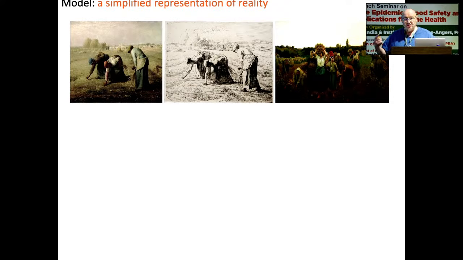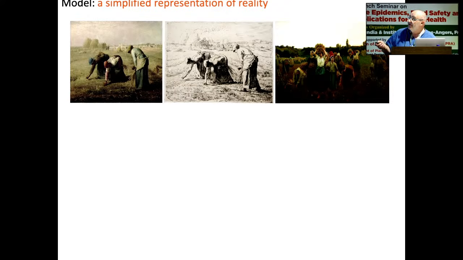It's just to show you that modeling is also a point of view. It's the same scene, gleaners, and here it's a point of view, and here it's another point of view. So if you are interested in modeling a system, you will have many ways of modeling it, either by having different points of view, and this is very important when you consider conceptual modeling, or using different techniques. So it's two things.